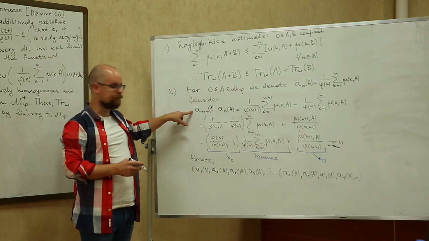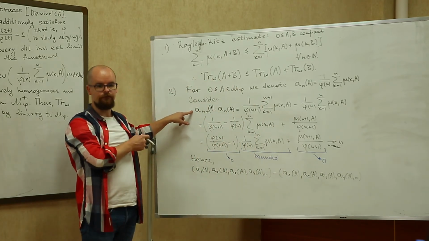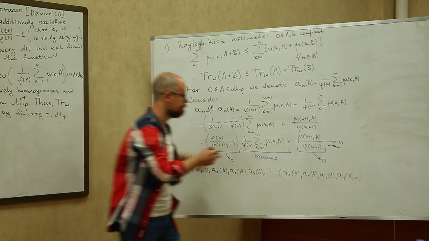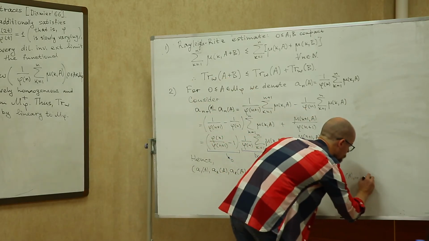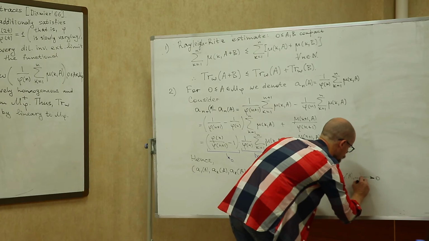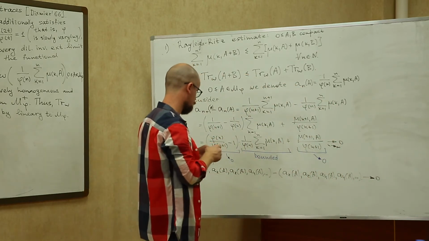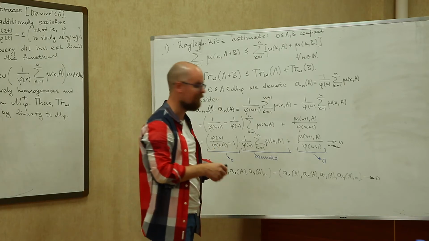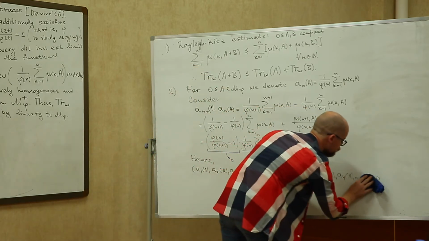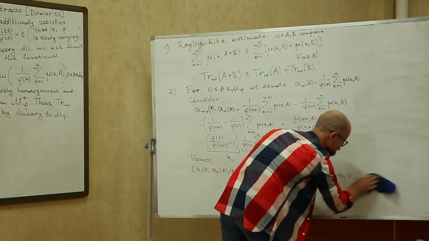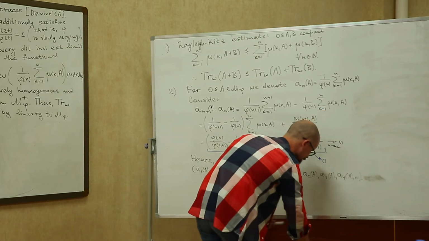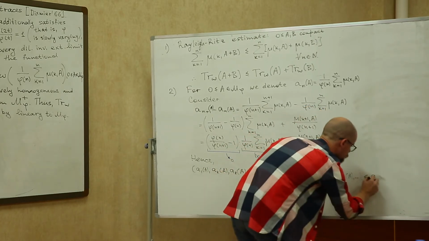But because of this result, this difference goes to 0. It's not a good idea to write it like this because we don't have n's here. So this difference belongs to c_0. Yeah, it belongs to c_0.